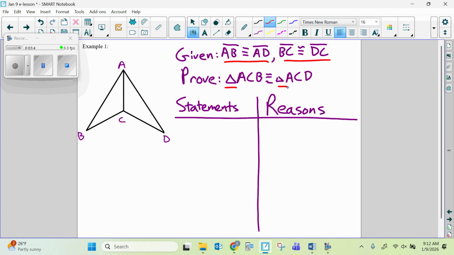So a good place to start on writing this two-column proof is oftentimes I like to start by stating what's given. Even though it's given to us, it needs to show up in our two-column proof. So my first statement here is going to be that segment AB is congruent to segment AD.